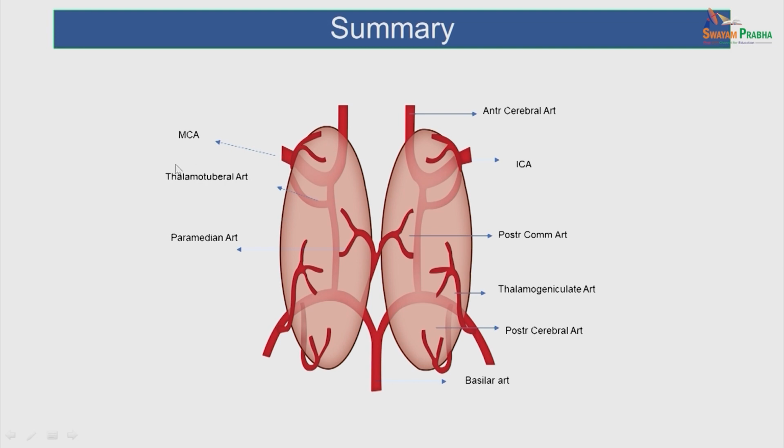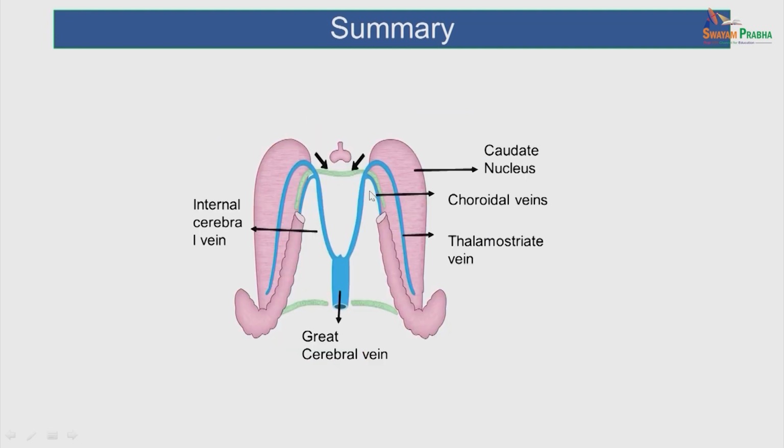They are the thalamotuberal arteries and thalamogeniculate arteries, which are branches from the posterior cerebral, posterior communicating, and also the posterior choroidal and middle cerebral arteries. Then the venous drainage is by three sets of veins; the thalamostriate vein and the choroidal vein together form the internal cerebral vein, which forms the great cerebral vein draining into the straight sinus.